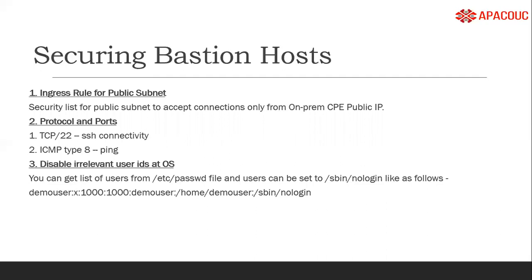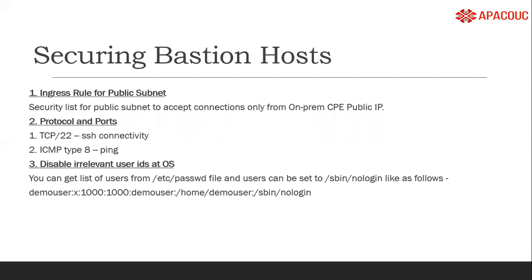Coming to the most important part, securing the Bastion server. We can have a situation wherein we connect the Bastion server to the public subnet, connected only through the customer premise equipment on premise.